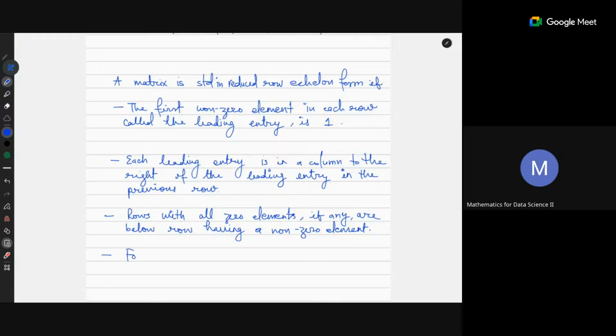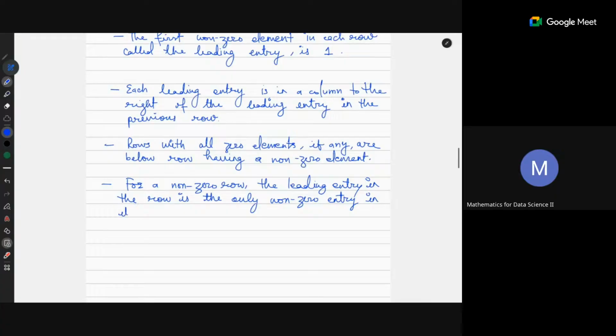So for a non-zero row, the leading entry in the row is the only non-zero entry in its column.